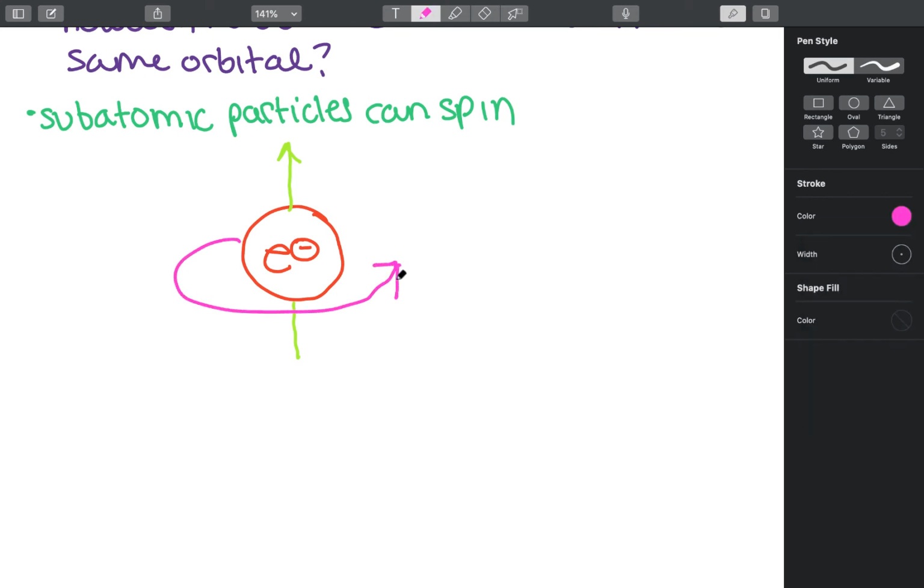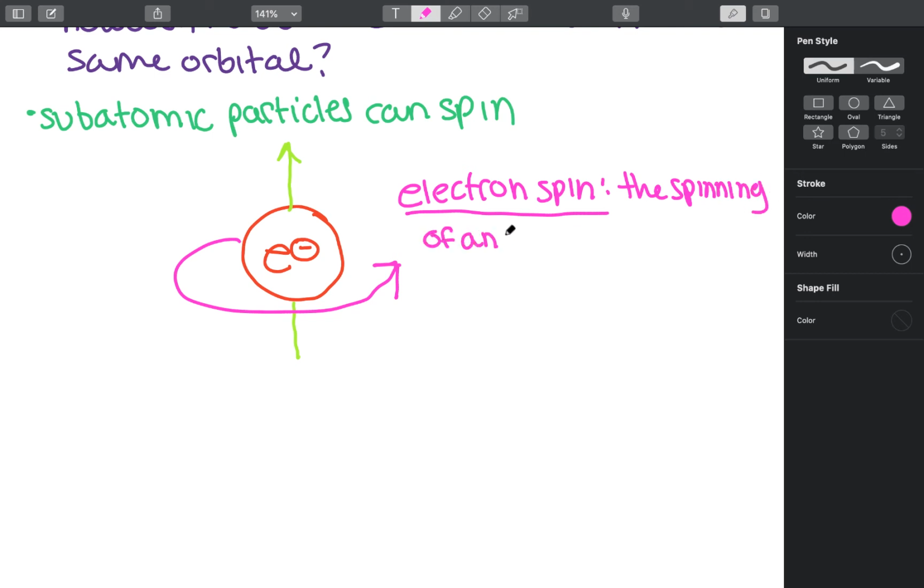This spinning around the axis is called electron spin. So electron spin is the spinning of an electron around its axis.